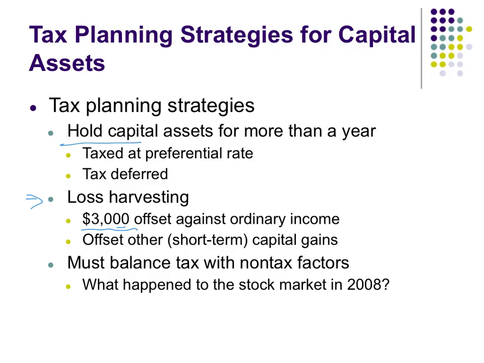So you can sell strategically. And then you always have to remember that you've got to balance tax and non-tax factors. There are periods of time, 2008 is a great example, when you don't necessarily have as much ability to plan your strategy, because sometimes the market does things that are unplanned. So you do have to be careful about that.